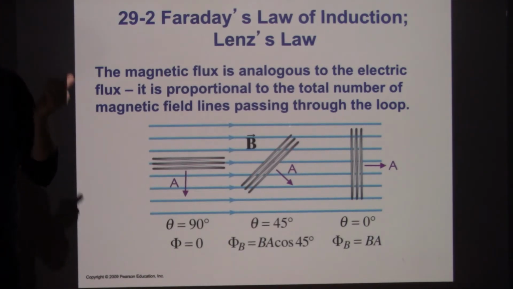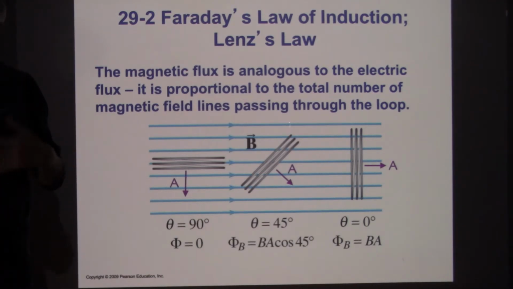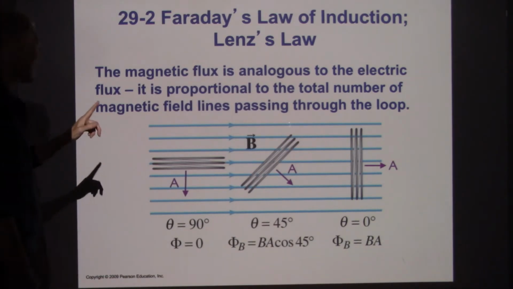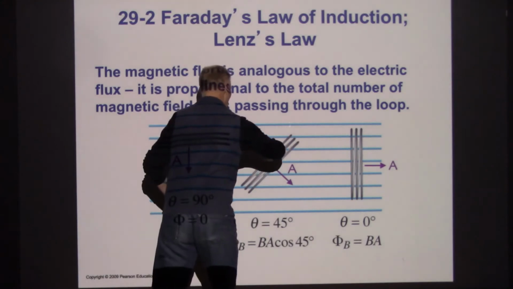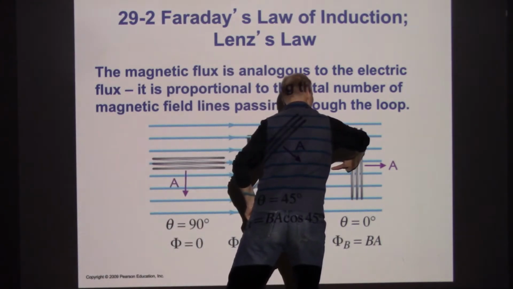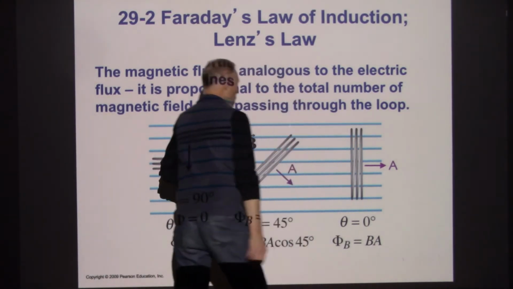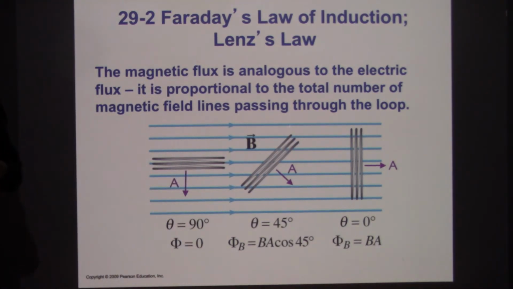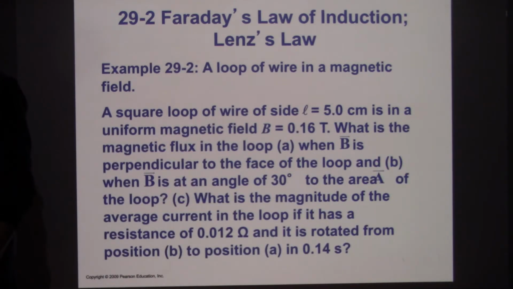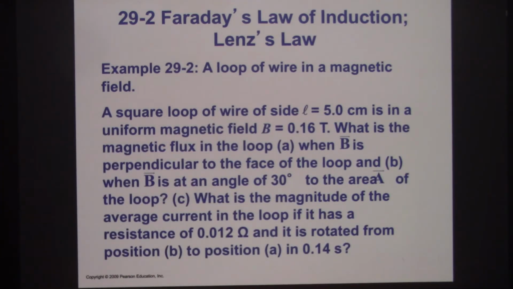You can see there are also definitions of positive and negative flux here, but that just depends on how we've defined the area vector. We could have started here, and as it rotated, we come to here, and then here we would be tipped at 180. So there are sign flips you have to watch for in the formulas, but in most cases I don't think that's even going to show up.